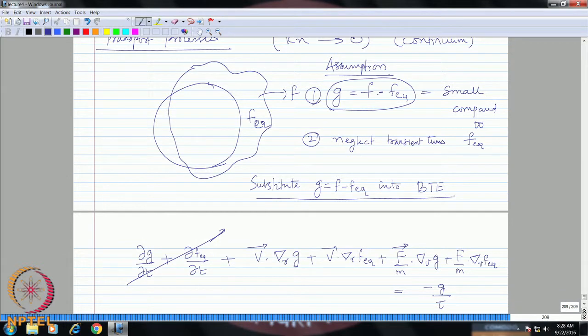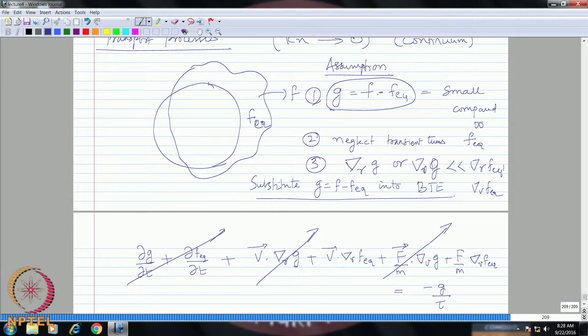So, we can also bring in another assumption that gradients, either del r g or del r del v g, should be smaller than del r f equilibrium and del v f equilibrium. So, under this we can also neglect the other terms involving gradient of g.